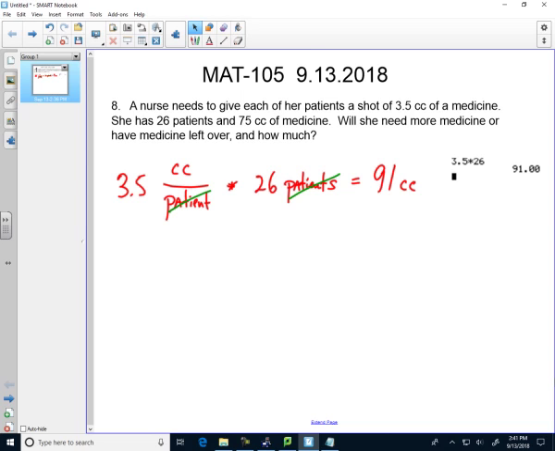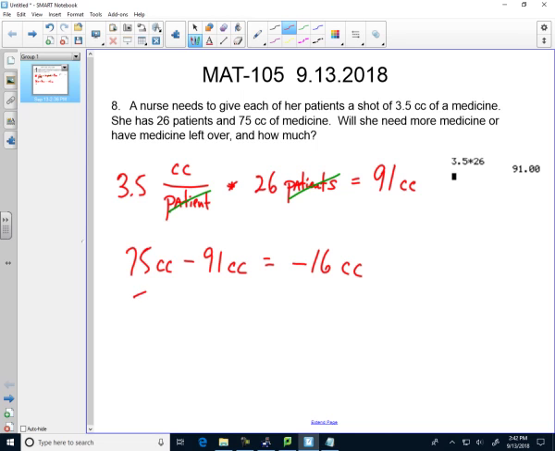Well, now we know it's going to take how many cc's? But we only have how many? 75. So if you take 75 and subtract 91, you're going to get what? A negative number? Negative 16, didn't it?